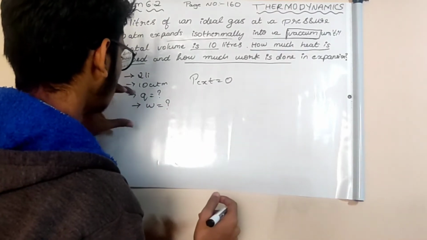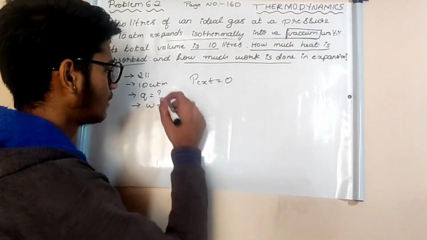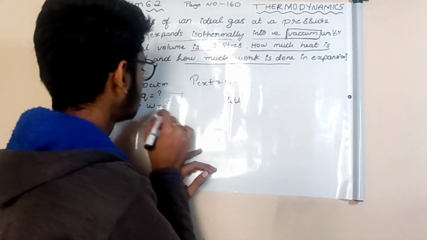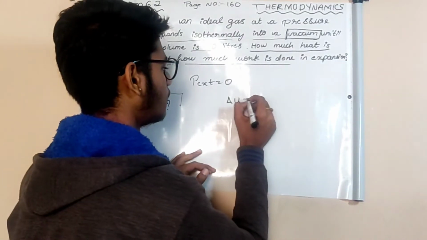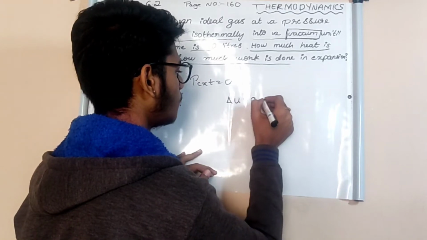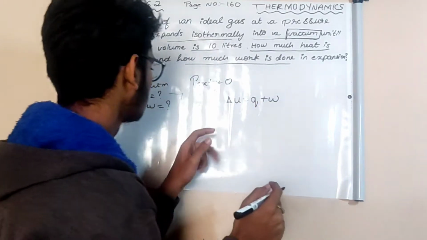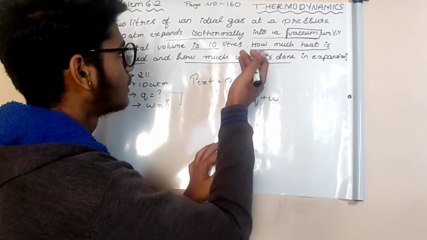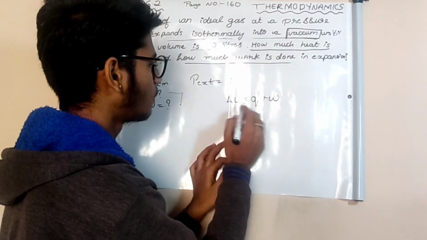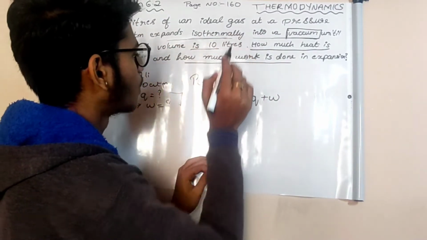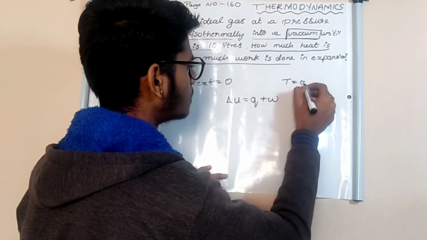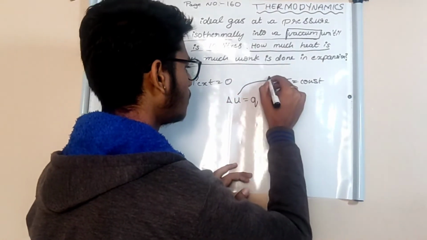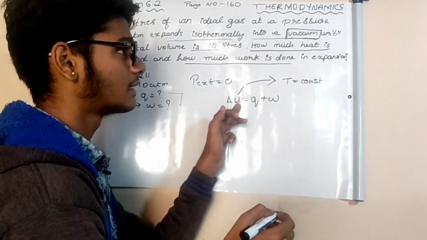First we have to check the relation between these. We know that delta U, first we have to find the Q now. You take this formula, delta U equals Q plus W. Here delta U is not given, but they have given isothermally, where temperature is constant. Isothermally means temperature is constant. Internal energy depends on temperature.